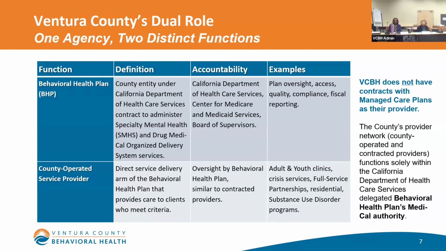Therefore we move into the DHCS integrated contract. As you can see, we provide both specialty mental health services and the MCODS, which is drug Medi-Cal services. And the county operated provider is our direct service provider.